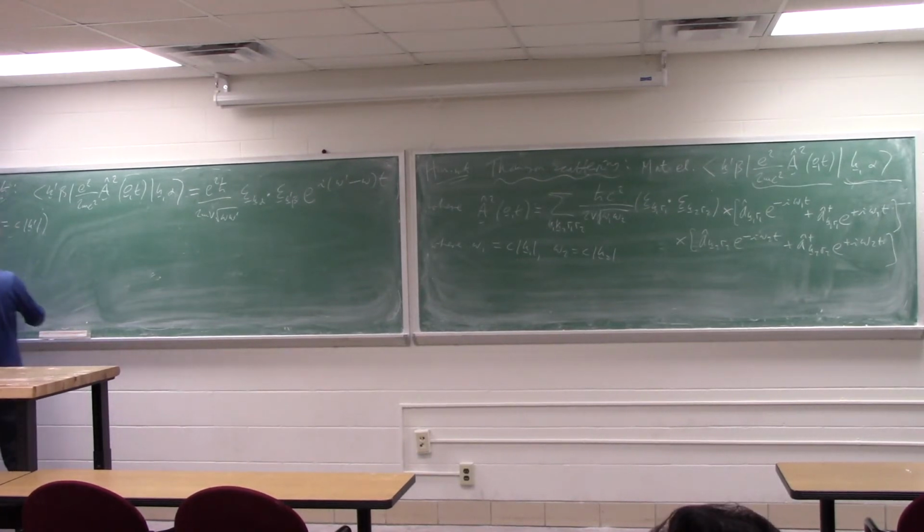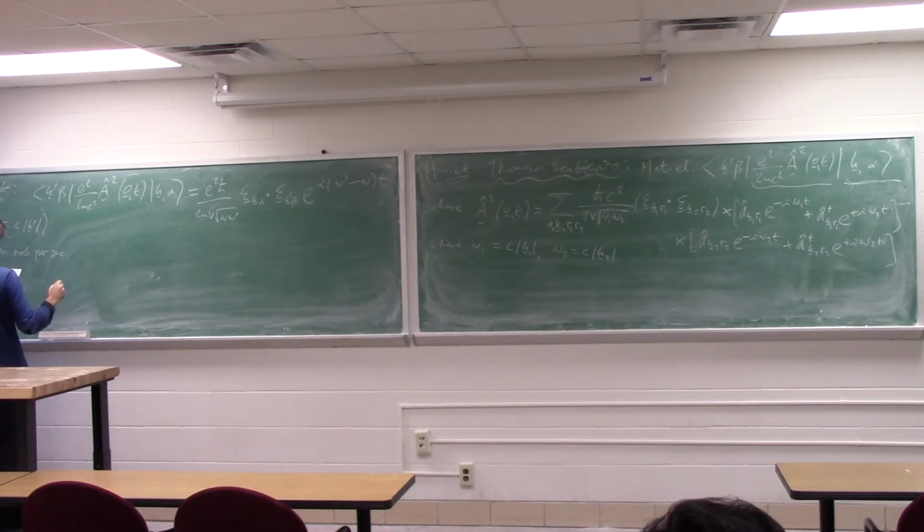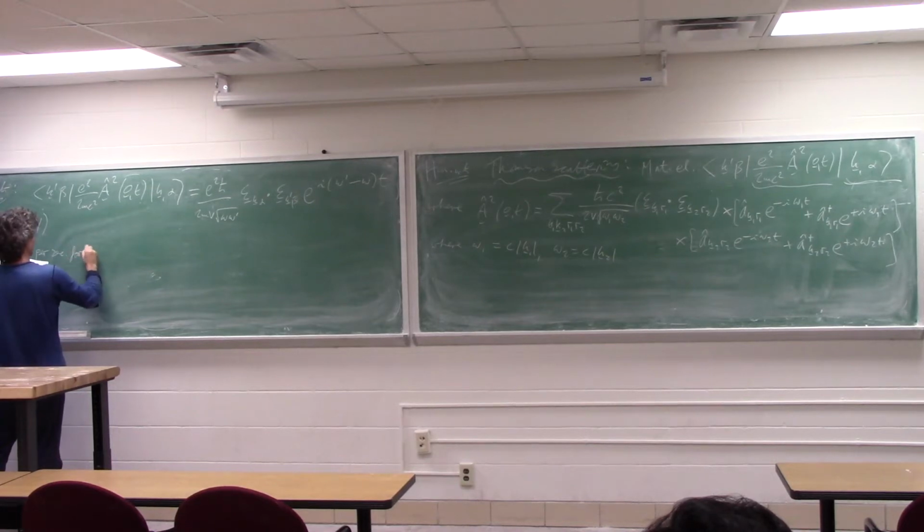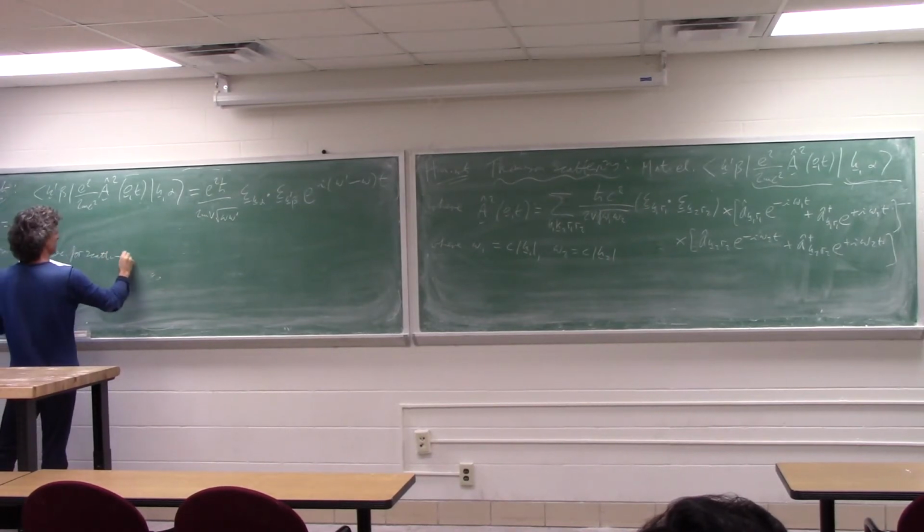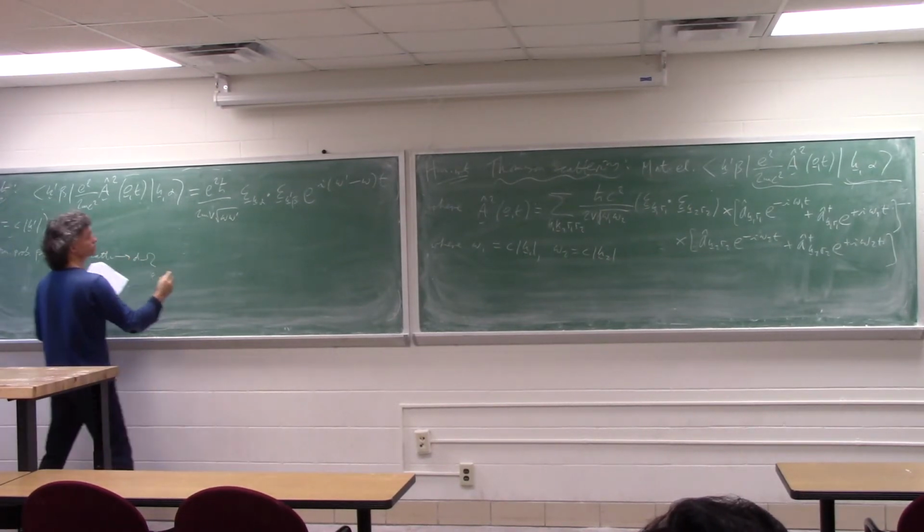So now the transition probability per second for scattering into d omega.